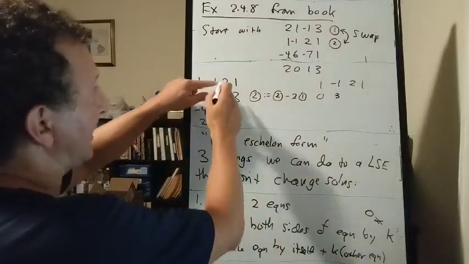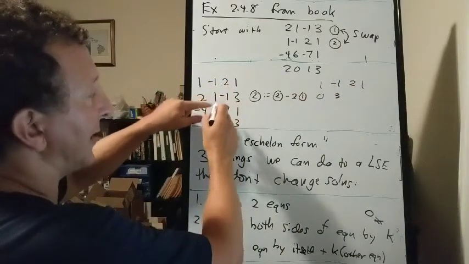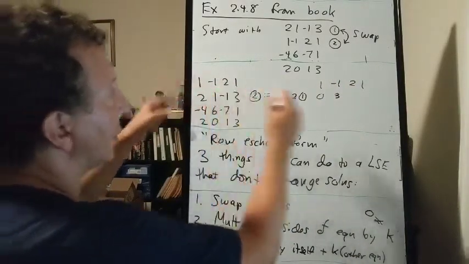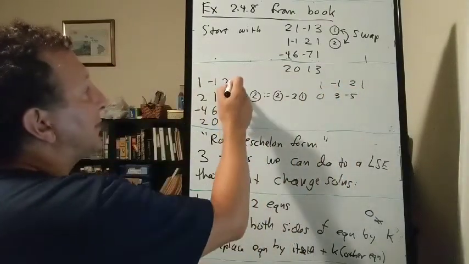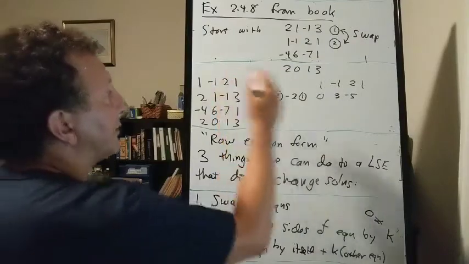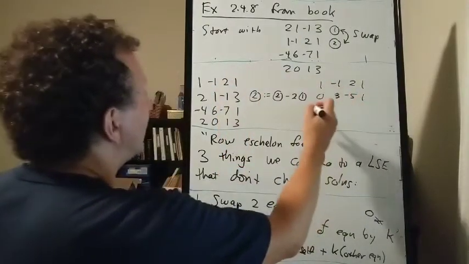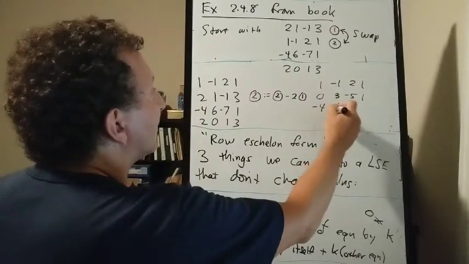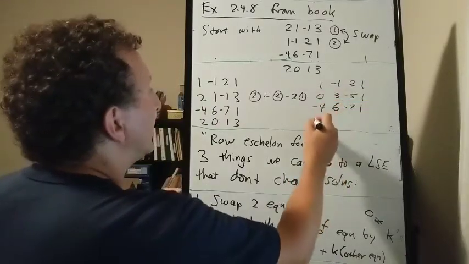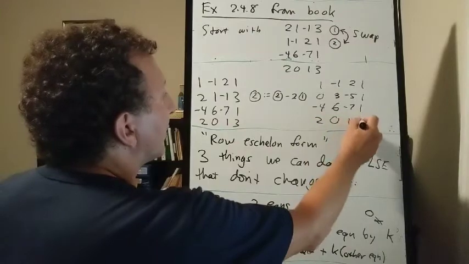Negative 1 minus 2 twos is minus 1 minus 4, so we get minus 5. 3 minus 2 ones is 3 minus 2, which is 1. And we'll copy the other rows. Negative 4, 6, negative 7, 1, 2, 0, 1, 3.